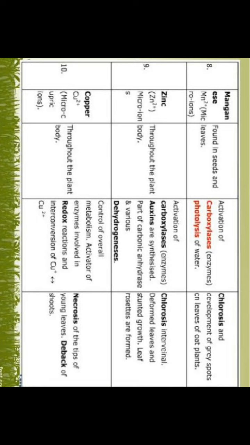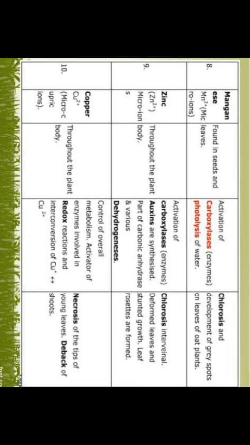Then deficiency symptoms: interveinal chlorosis, deformed leaves and stunted growth, leaves are small, and rosette formation in plants like cabbage, etc.